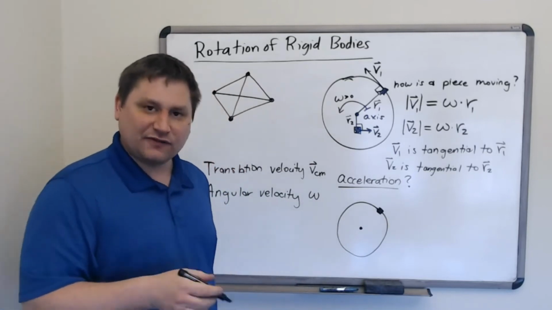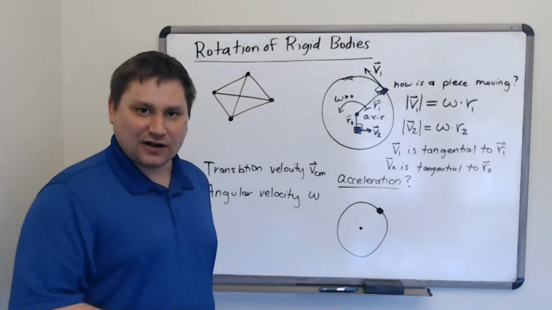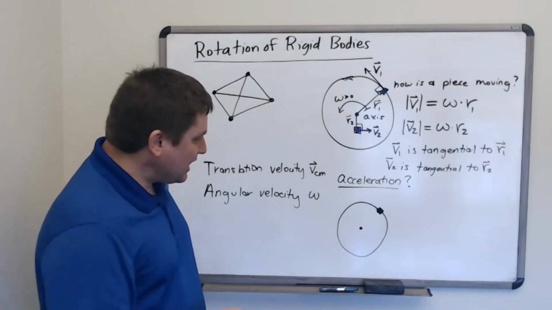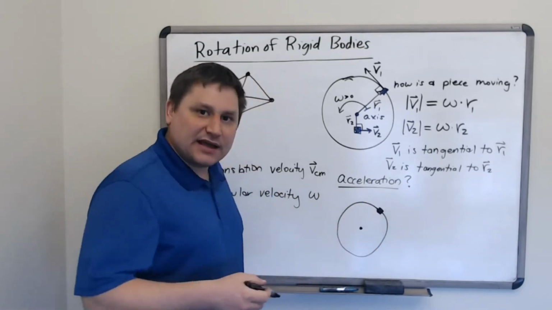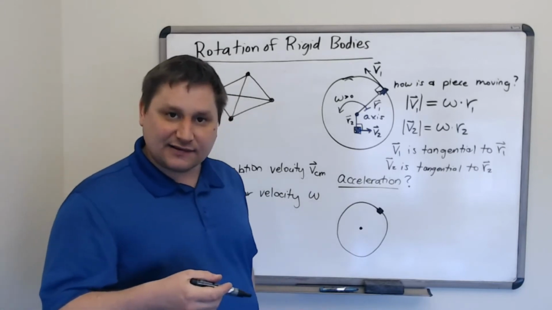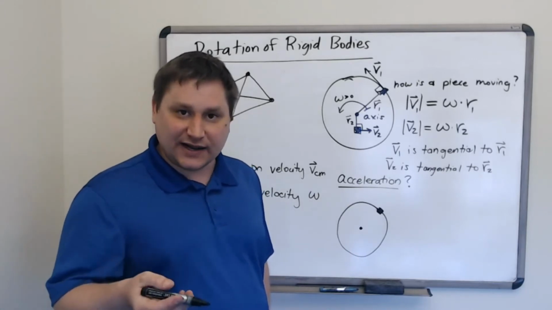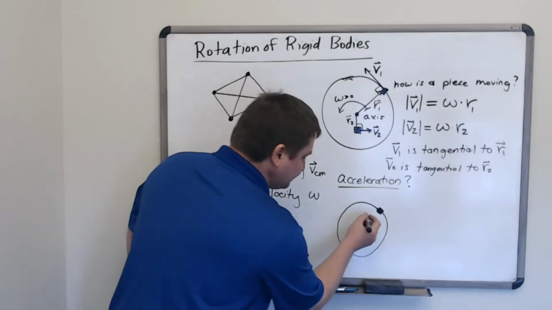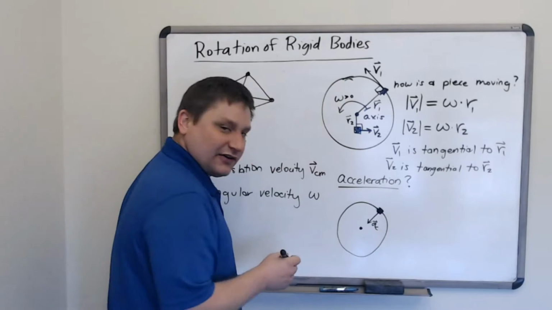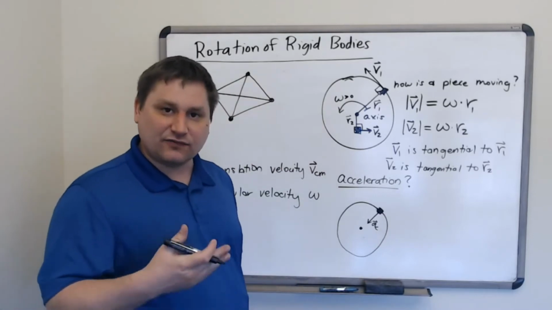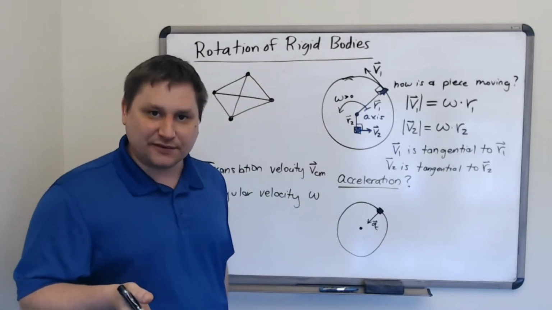So we've already solved part of this problem, again, when we talked about uniform circular motion. If an object travels in a circular trajectory, it necessarily has to accelerate towards the center of the circle. This type of acceleration is required because the direction of the velocity vector is changing.